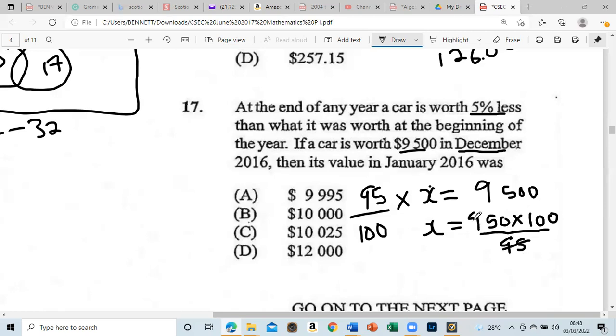This into this 10, so it's 10 times 100, which is 10,000, as I discussed earlier. Depreciation means the value reduces by 5% or whatever depreciation rate they give. The opposite to depreciation is appreciation, and that's when the value goes up, like housing.